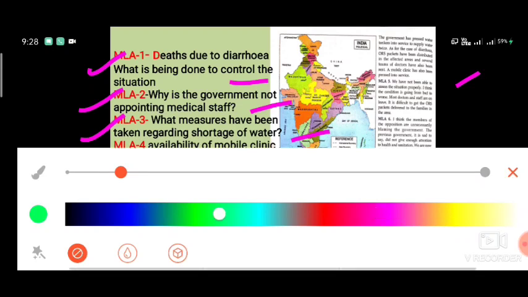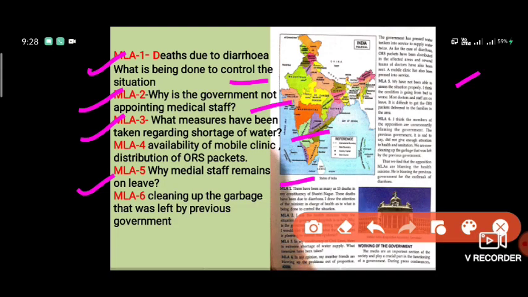Whereas MLA4 and MLA6: MLA4 is giving answers to the first three MLAs that we are providing ORS packets, there is a mobile clinic, and water tankers are also provided. MLA6 is saying that we are doing all the work. According to him, he is blaming the previous government of the previous year, that they did not give enough attention to health and sanitation, and they are cleaning up the garbage that was left by the previous government.